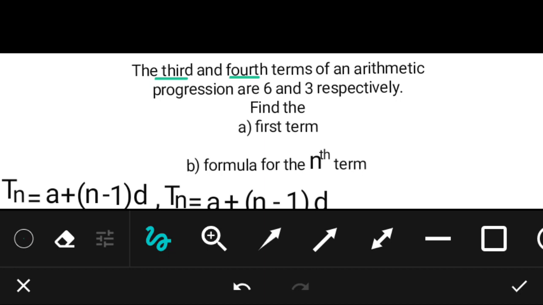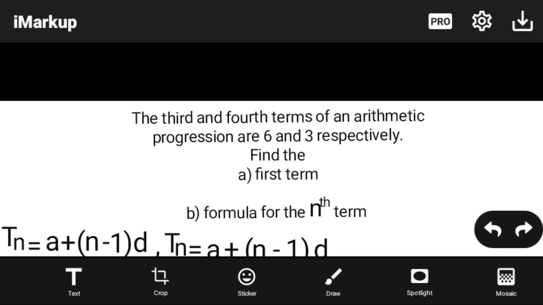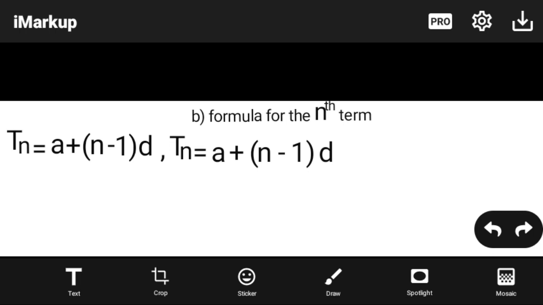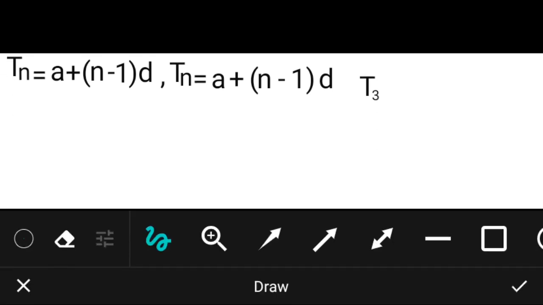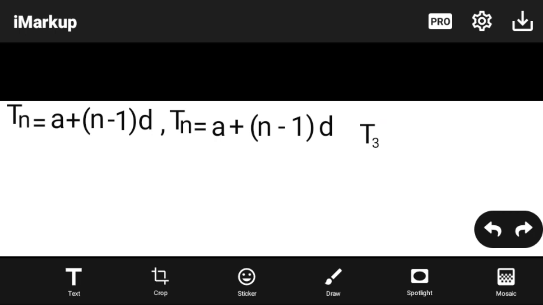So now let's continue and see how we are going to answer this question. In short, they are saying term 3, this term here, is equal to 6.